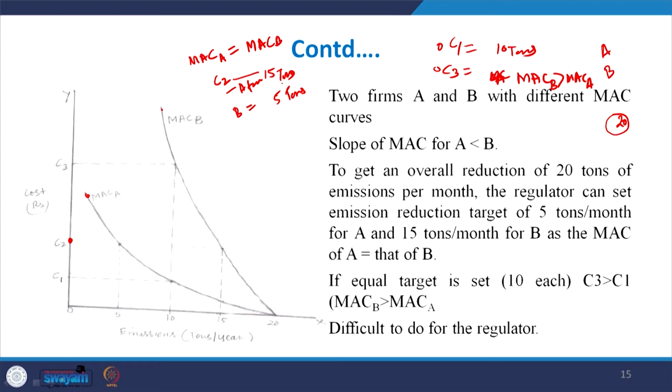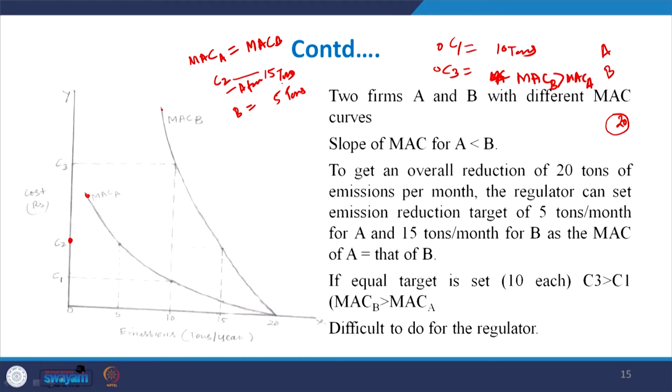and in this way the overall efficiency can be improved. But in reality, we cannot apply the equi-marginal principle while allocating the emission targets among different firms in a particular industry. This is the major problem with the regulator, how to set standards for the individual firms, because many times the regulators do not have knowledge about the cost of abatement.